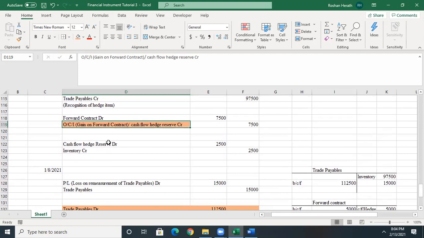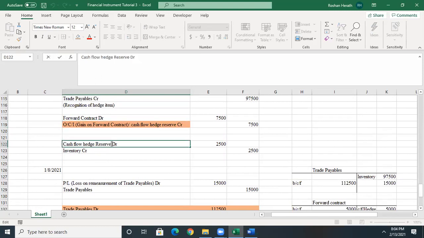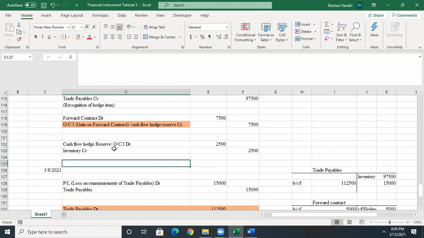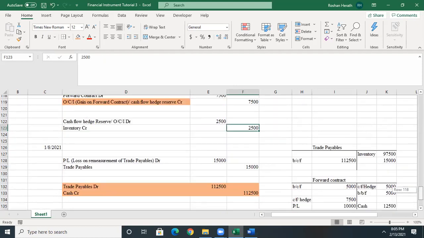So whatever the movement in the cash flow hedge should also impact the OCI as well. So here you need to take the OCI as well. The cash flow hedge movement එකක් කියන OCI through වෙන්න ඕනේ. The OCI also gets debit and inventory gets credit.